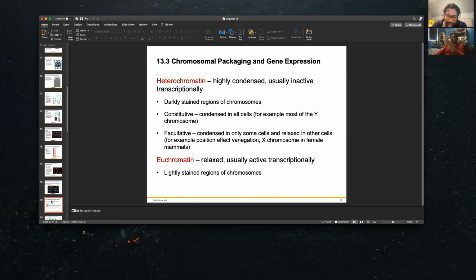Heterochromatin, euchromatin. Heterochromatin is very condensed, which means it's transcriptionally inactive, because a protein needs to attach to the DNA to transcribe it into RNA, right?